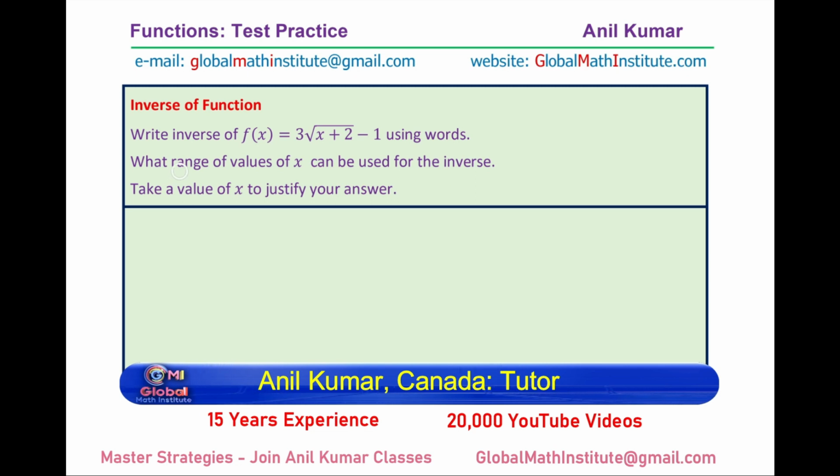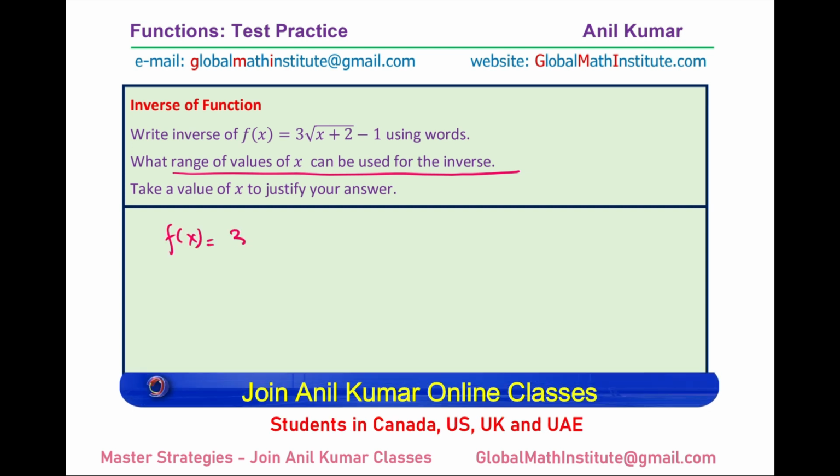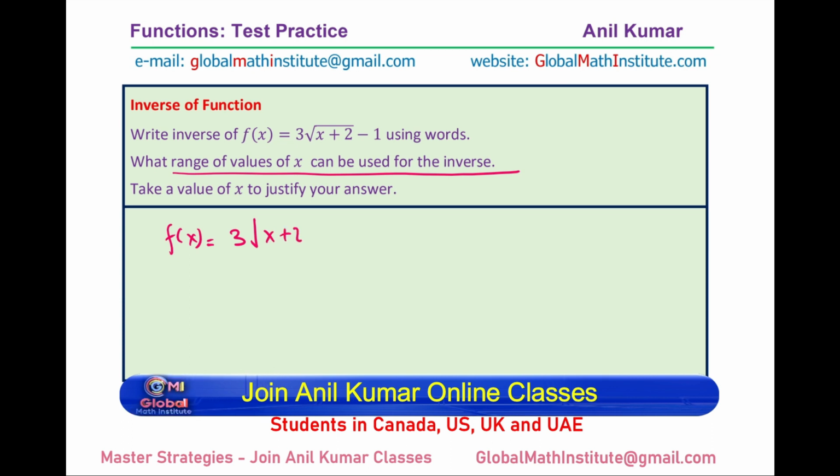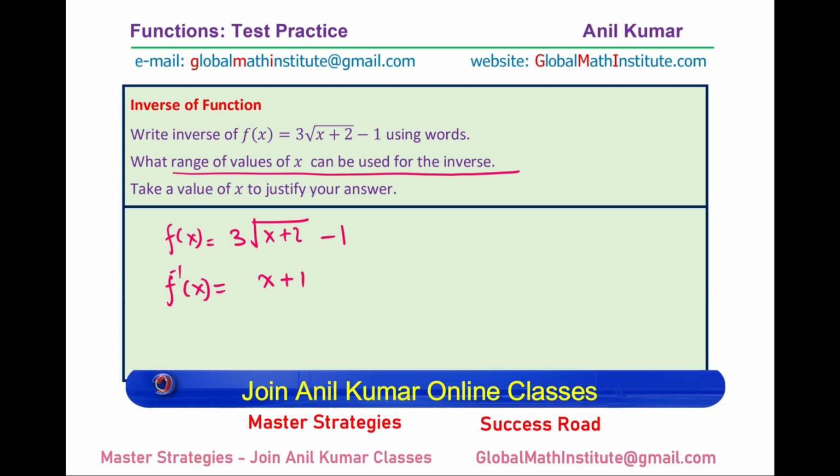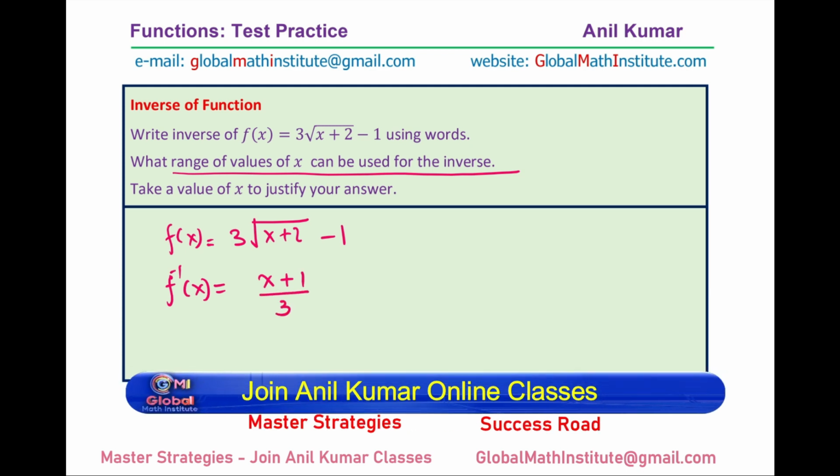When we say what range of the values can the inverse have, we know that the function for us is 3 square root of x plus 2 minus 1, and the inverse of this function is we added 1 to it and then we divided by 3, then we squared it, correct, and minus 2.